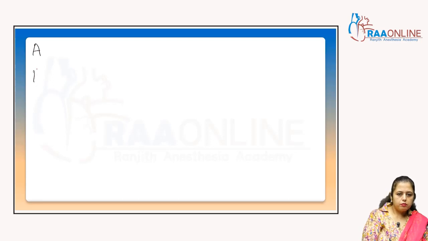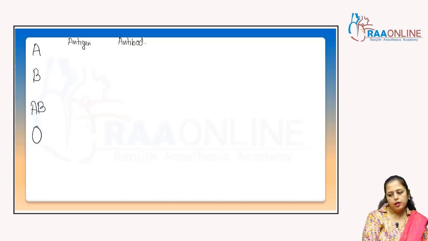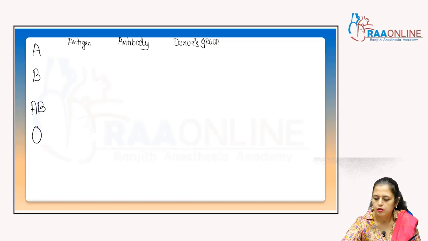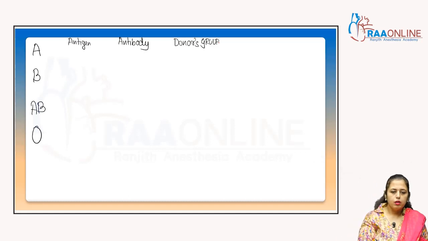We have A antigen, B antigen, AB antigen, and O. When we talk about the antigen, antibody, and the donor's group, that means which kind of blood they receive. In A, only antigen A is present; in B, antigen B; in AB, both antigens are present; and in O, antigen is absent.